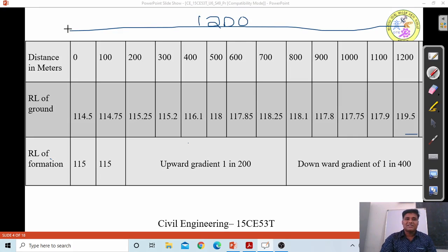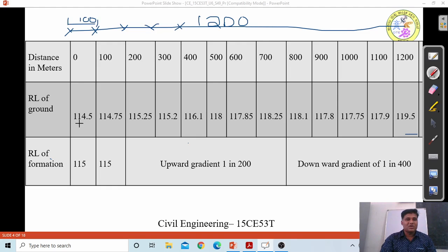He has taken the levels at the center line of the road for every 100 meters, at 0 meter, 100 meters, 200 meters, 300 meters, like that. So each interval is 100 meters.